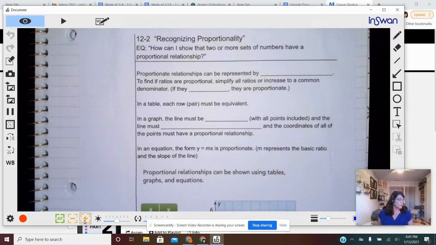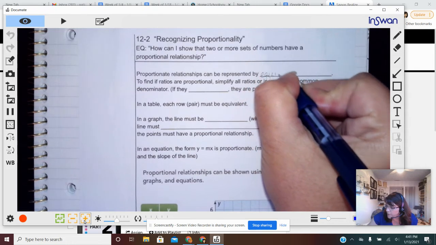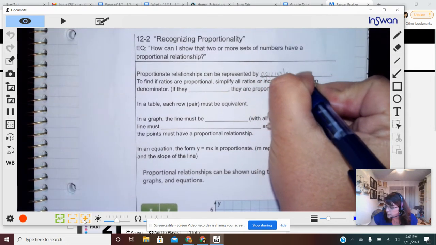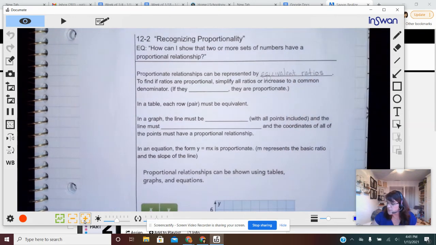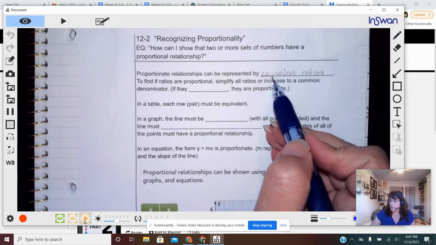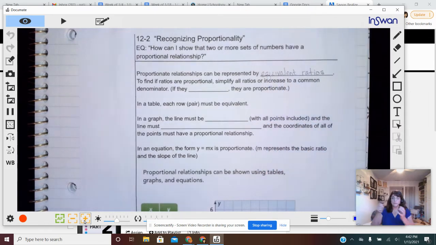Okay. Proportionate relationships can be represented by equivalent ratios. Now, you've been studying equivalent ratios for a while now. If you have a series of equivalent ratios, they all simplify to the same ratio, then you have a proportional relationship.